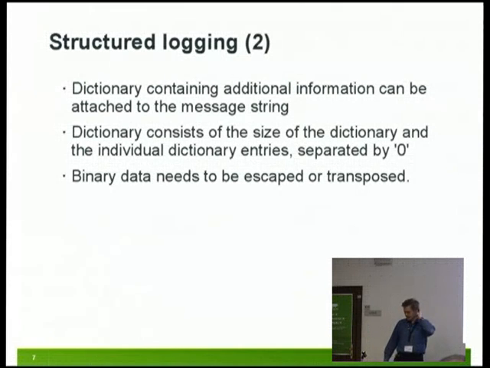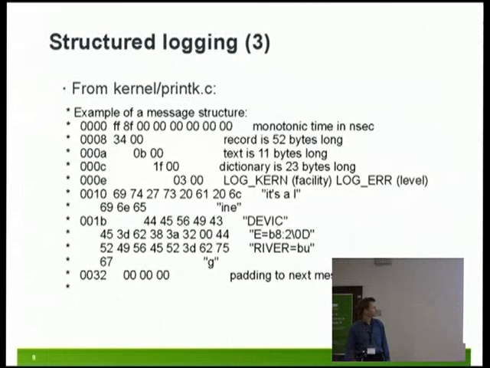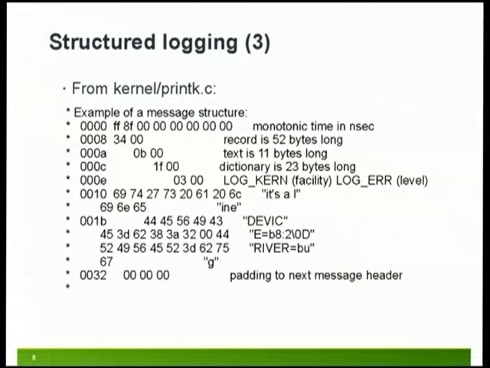The dictionary is organized similarly to the uevent structure, so you have the length of the dictionary, and then individual entries, each separated by ASCII 0. And obviously, if you want to transfer binary data with that, you need to escape it or transpose it altogether. So that's what it looks like now.